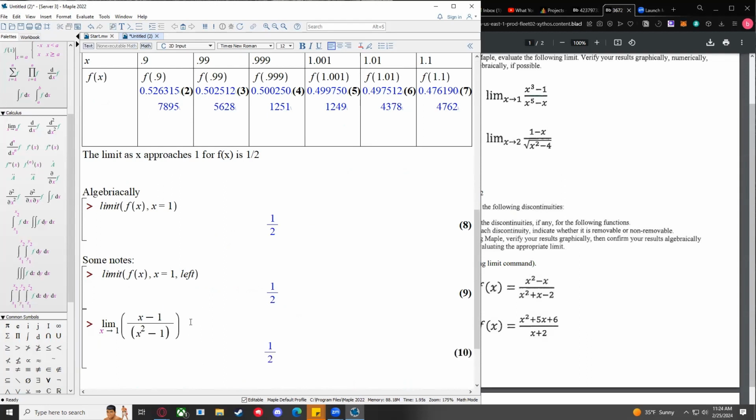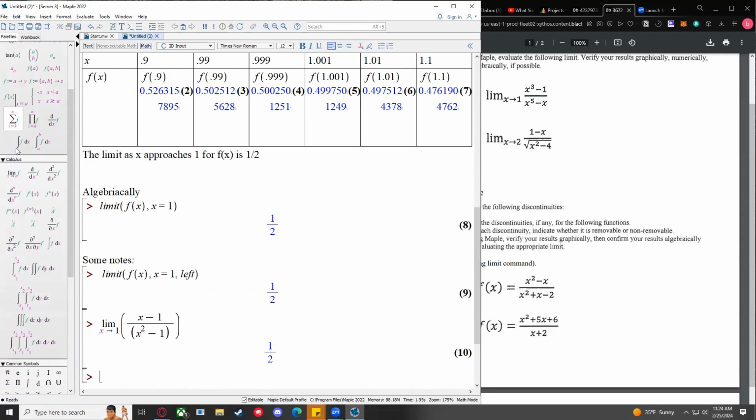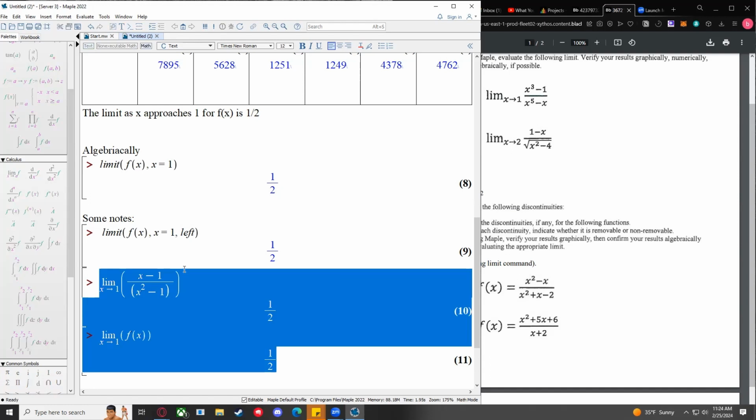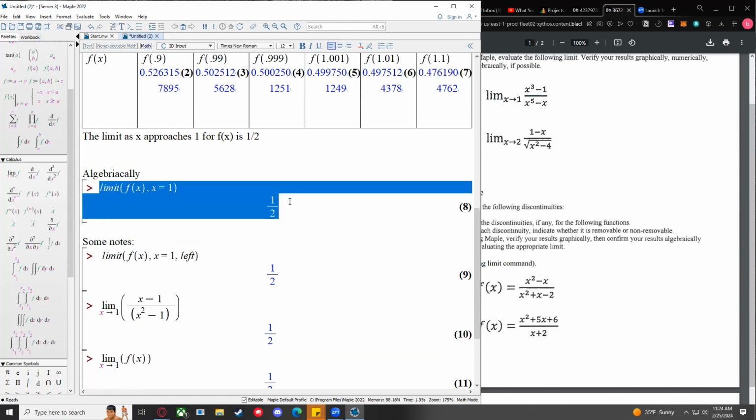Yeah, so you could technically plug it in just like that, and it'll do it for you. You could also plug in lim as x approaches 1 of just f of x. If you have f of x defined, then it, of course, does the same thing. So just some notes on how we can find the limit, getting the same answer. This right here is already sufficient.